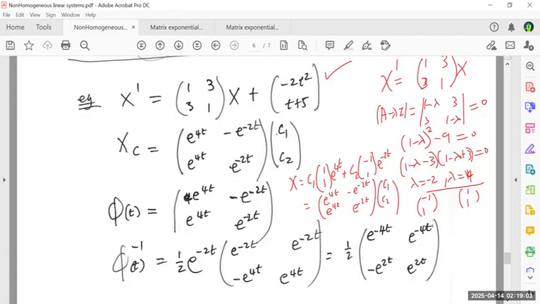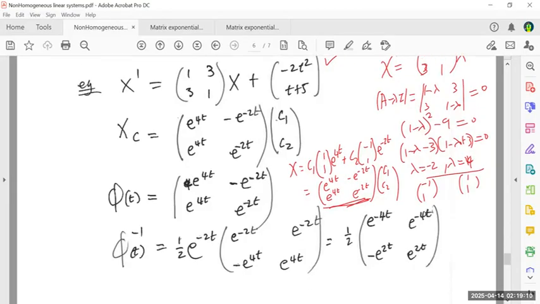So we can identify our fundamental matrix phi of t from the solution. Now we have the fundamental matrix phi of t.